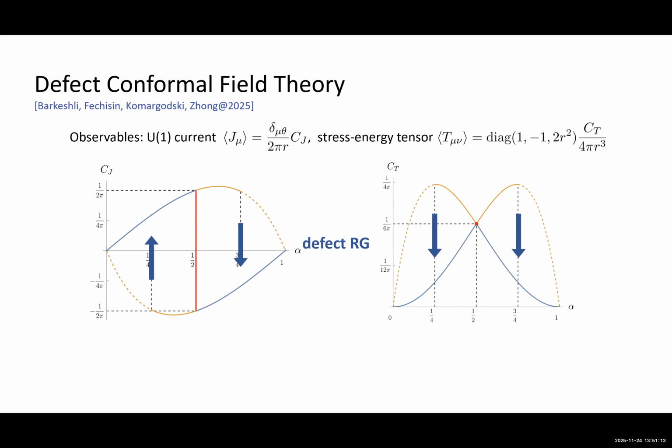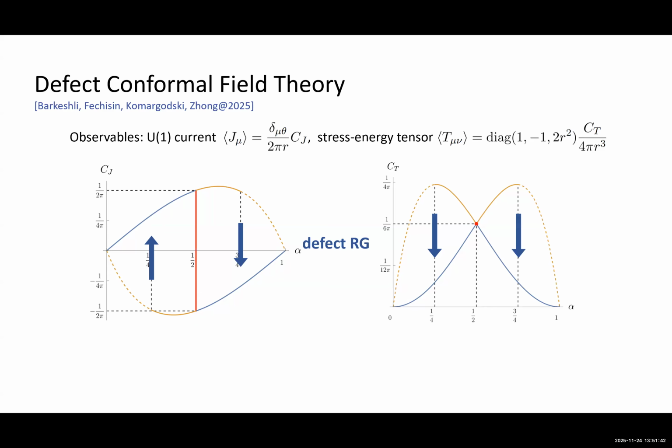If you live at the multi-critical fixed point, you can always turn on a local perturbation, which is the quadratic form of the fermion operator, that takes you along the RG flow to the stable fixed point denoted by the blue curve in this picture. Now I want to remind you how similar this picture is to the phases, to the energies of a particle in a ring in the quantum mechanical model.